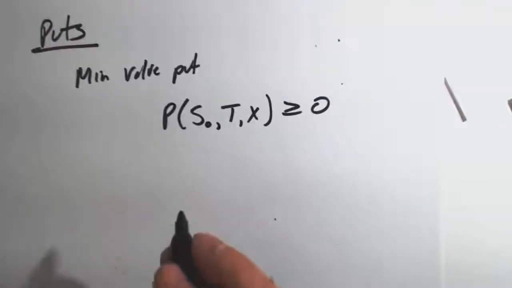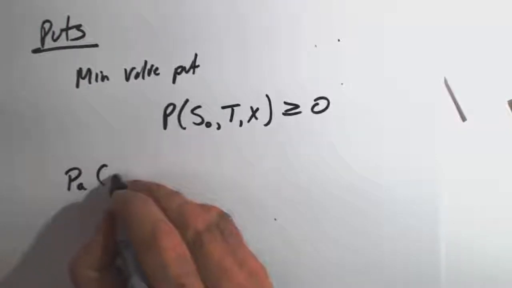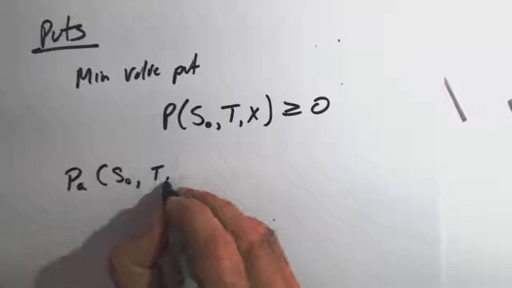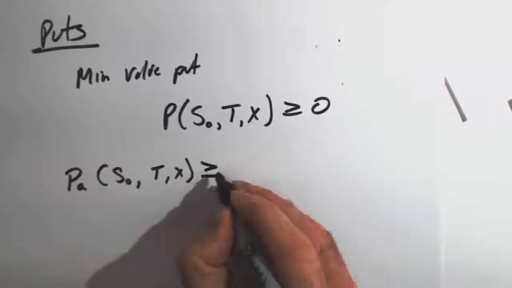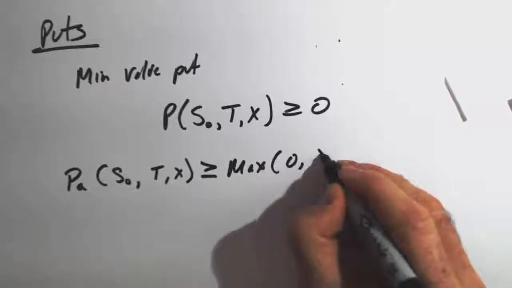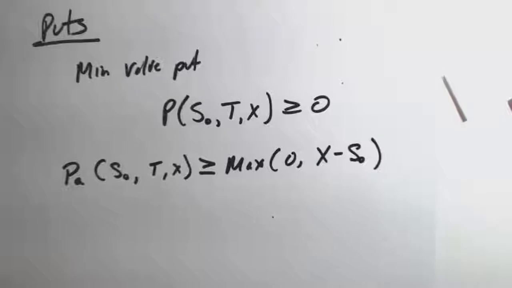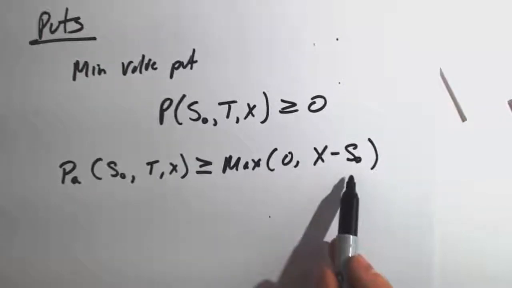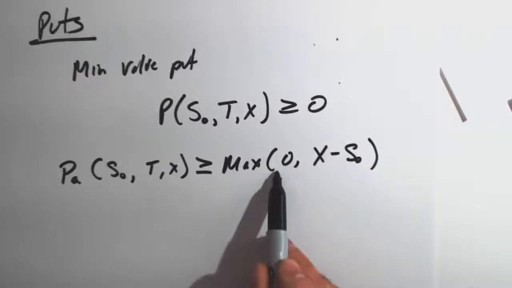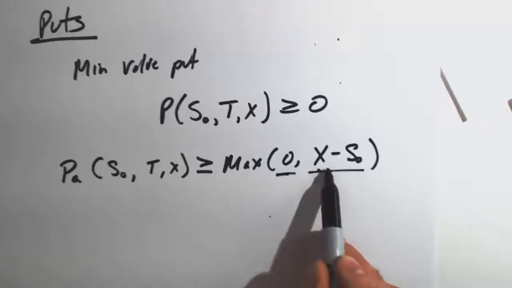The boundary condition for an American put is going to be greater than or equal to the maximum of 0 or X minus S subscript 0. Okay, that's the intrinsic value of a put. If the put's at or out of the money, the payoff is 0. And if it's in the money, it's X minus S.